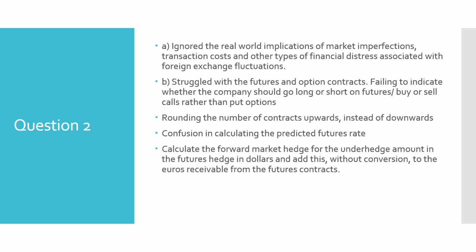It was calculated in dollars, and they added this without conversion to the euros receivable from the future contract. That's a very big mistake. Always check your currency. Is it converted to euros? Are both in the same currency? Please check that.